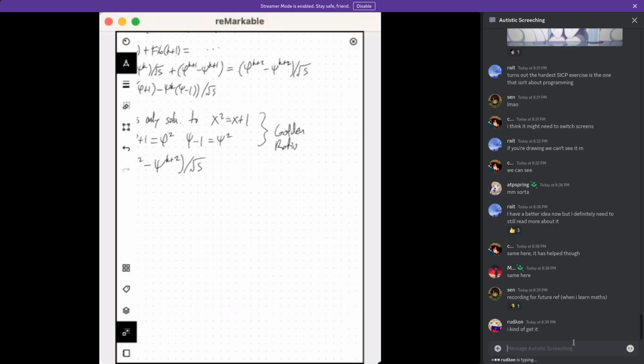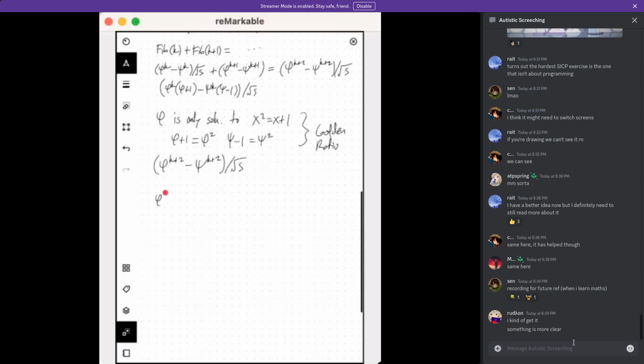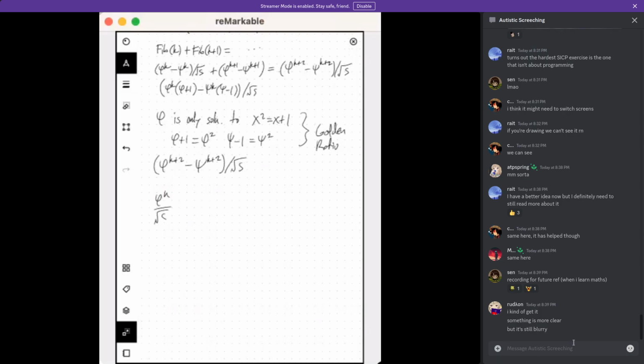So we need to prove that the difference between phi to the n over square root of 5 and this other expression here, we need to prove that the absolute value of this difference is going to be less than 0.5 or 1/2 rather.